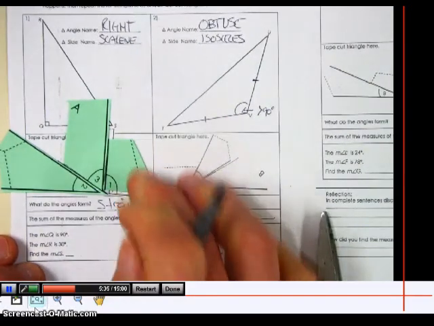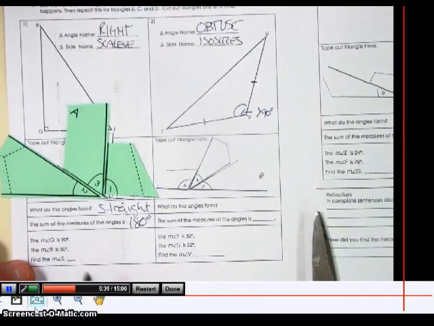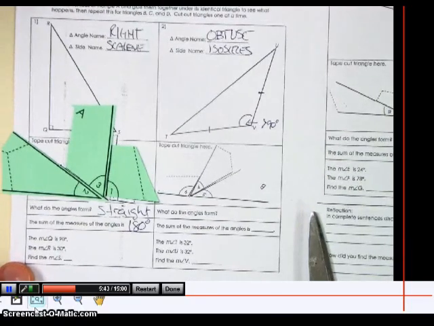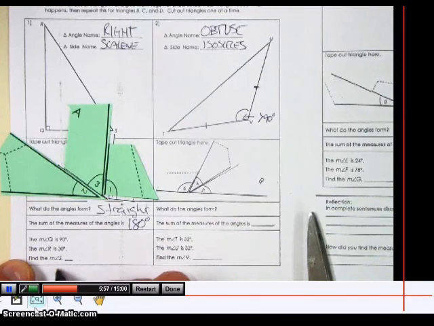Okay, so let's do a little deductive reasoning. If the measure of angle Q is 90 and the measure of angle R is 30, what is the measure of angle S? Now all of these should add up to how much? 180, right?